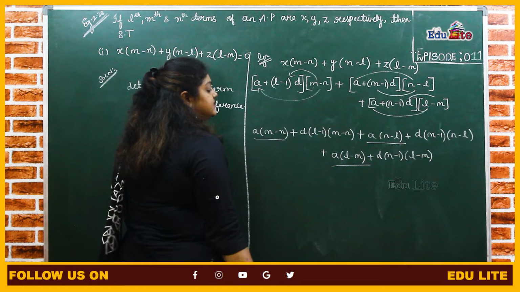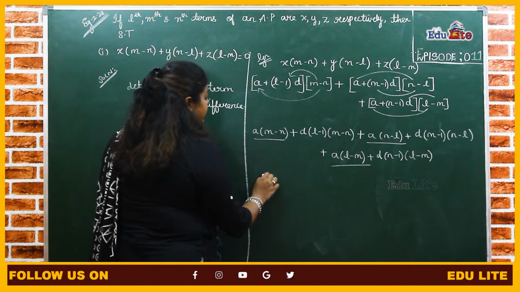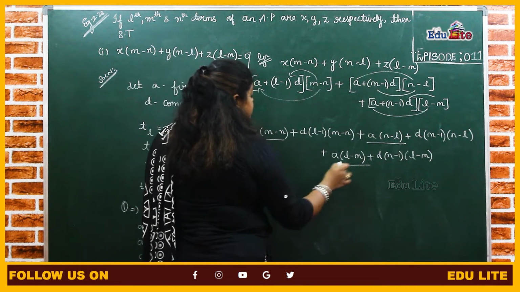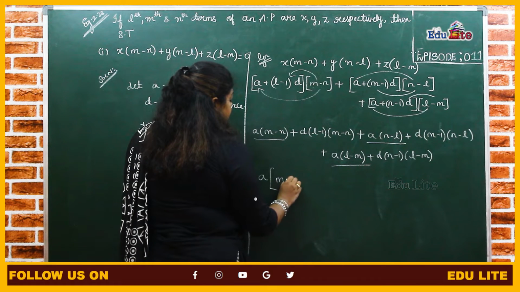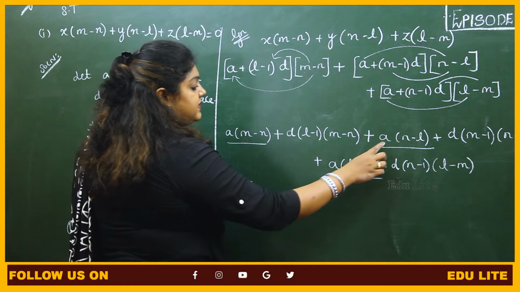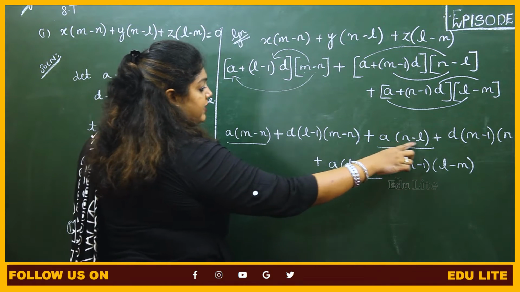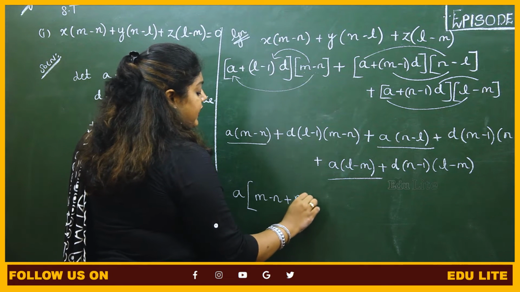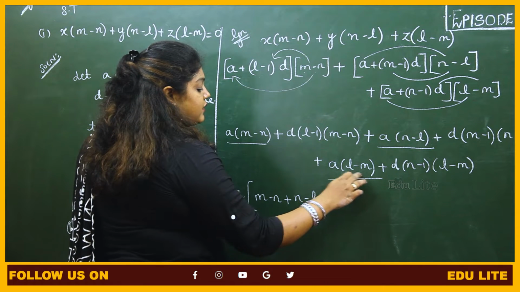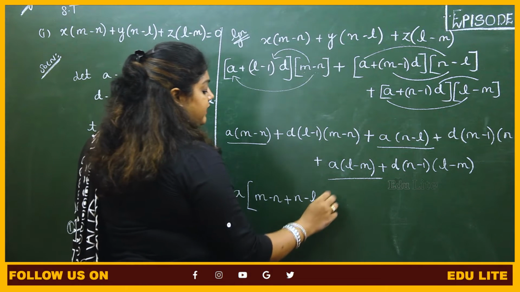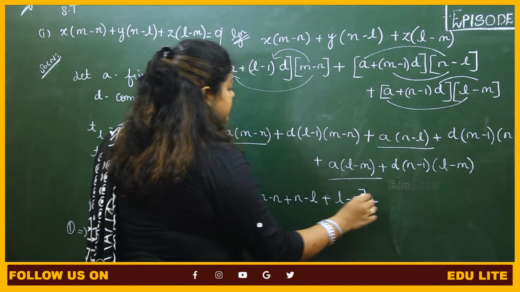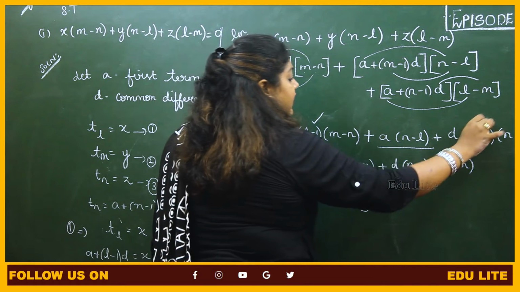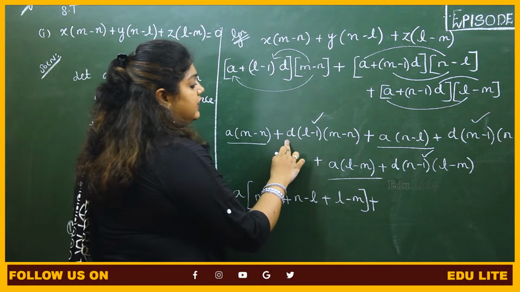So, next in these three terms a is common. We will take a in common from the terms which I have underlined, and the remaining is m minus n. Similarly, here we have taken a in common, the remaining is n minus l. In this also we have taken a in common, the remaining is l minus m. Plus, in the other three terms we have d in common.